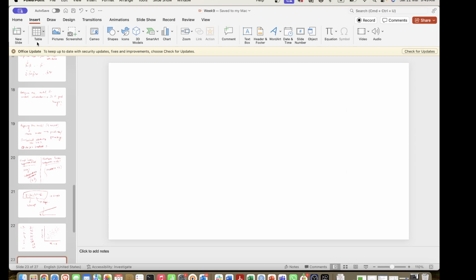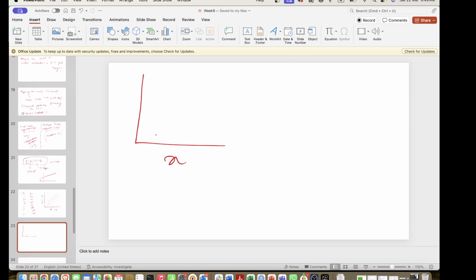If I have something like this, x and y looking like this, then my intuition would be that perhaps y decreases as x increases.